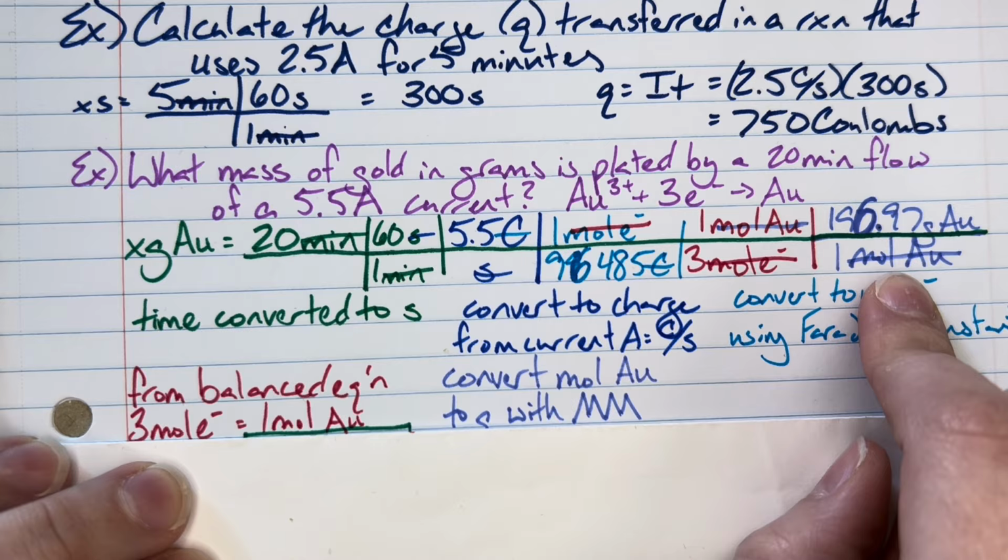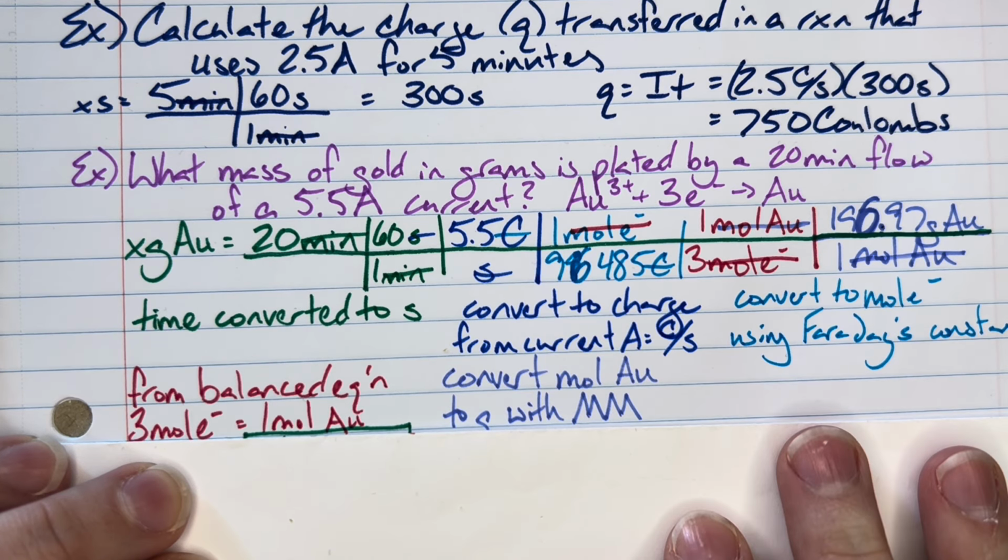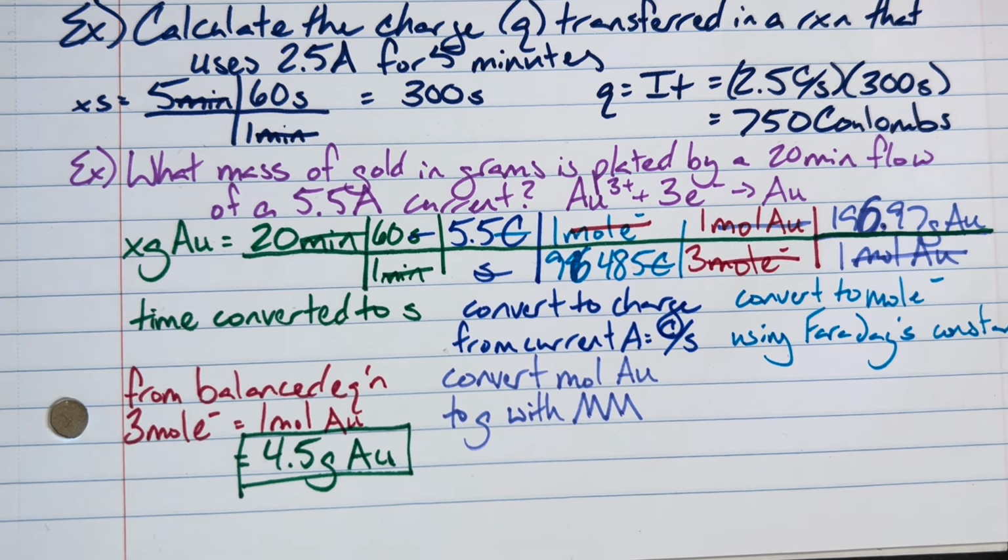And finally, I will be left with moles of gold, which I can then convert to grams of gold with gold's molar mass from the periodic table, leaving me a grand total of 4.5 grams of gold that could have been plated out during this electrolysis.